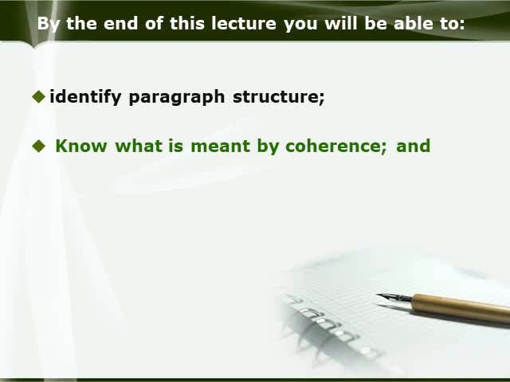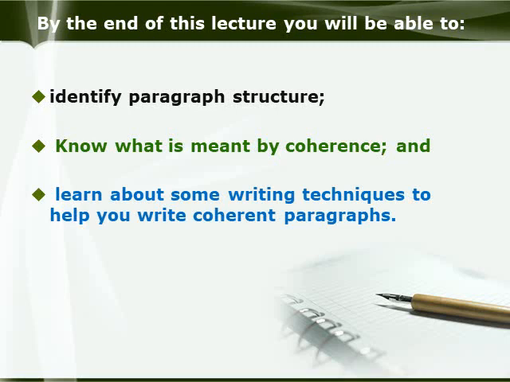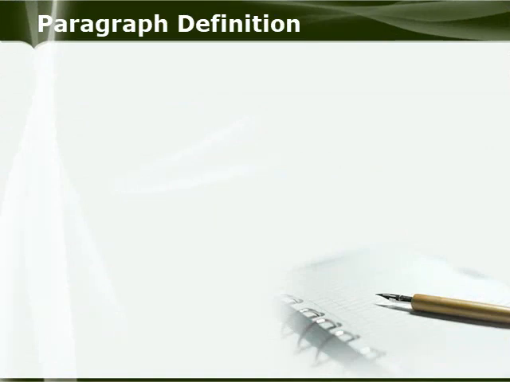Also, you will be able to know what is meant by coherence. And finally, you will learn about some writing techniques to help you write coherent paragraphs, how to establish coherence in your writings. We will start by a review of how to define the paragraph.